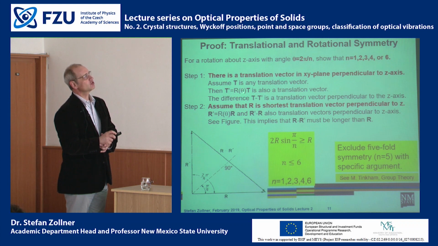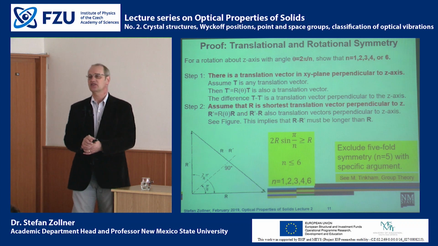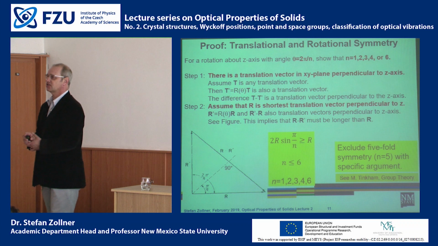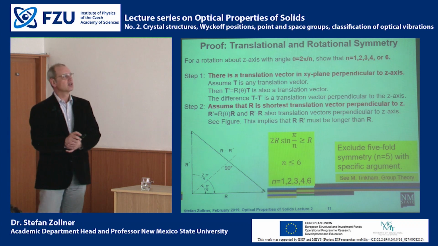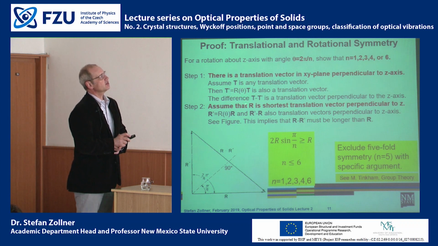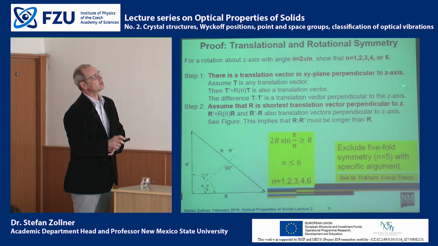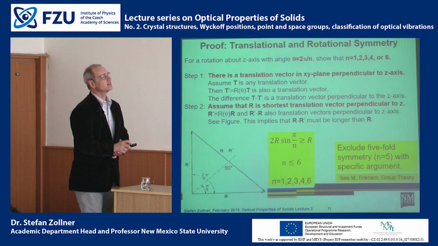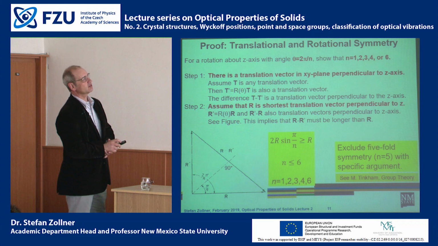Because the Bravais lattice forms a group, the difference T minus T prime is also a translation vector. If we calculate this difference, the x components of these vectors cancel out, and therefore this difference is perpendicular to the z-axis. So we've shown that there is indeed a translation vector in the Bravais lattice which is perpendicular to the z-axis.